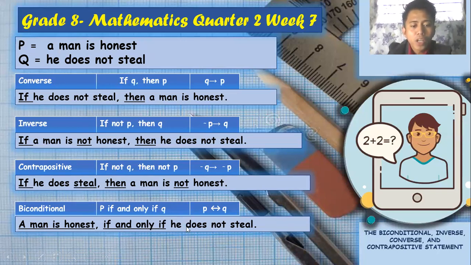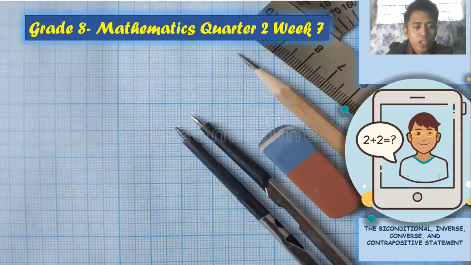So P is written before "if and only if," and Q comes after it. By using this biconditional pattern, we can conclude that our biconditional statement is: a man is honest if and only if he does not steal. So that is the biconditional statement. Is this clear?